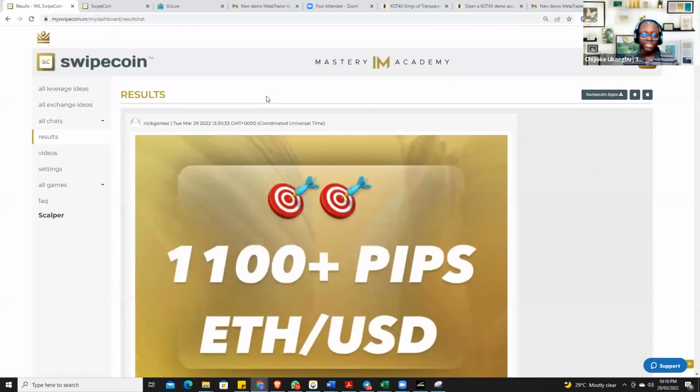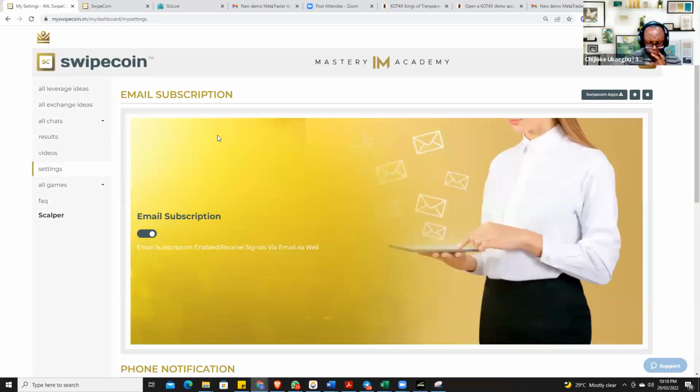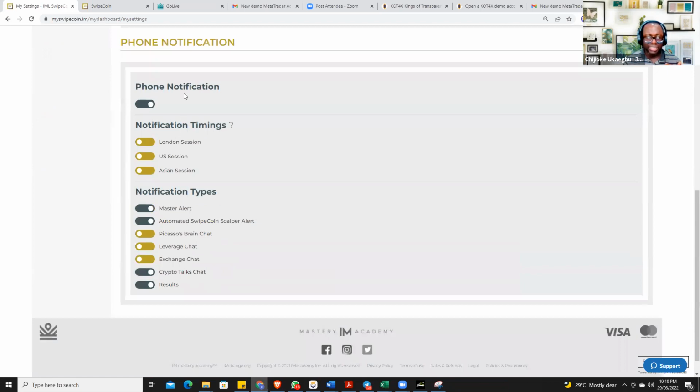Let me deal with this very, very quickly. What you can do is download the Swipecoin app on your phone. You can go to the Play Store or App Store and download the app. When you've done that, you can come to settings in the app and activate these settings.